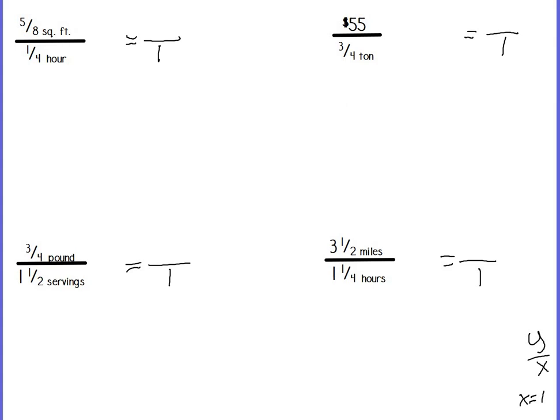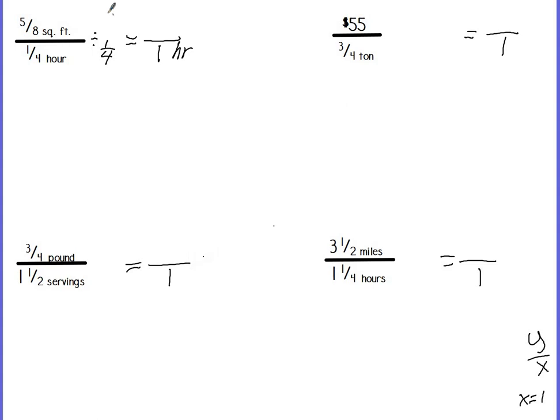All right, so here I have 5/8 of a square foot per 1/4 of an hour. So I want to know how many square feet are going to get painted in a full hour. So this is 1 hour. So I know that in order to go from 1/4 to 1, I have to divide by 1/4 because any number divided by itself gives us 1.